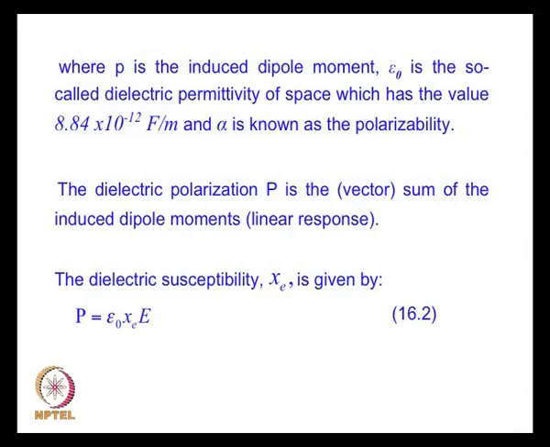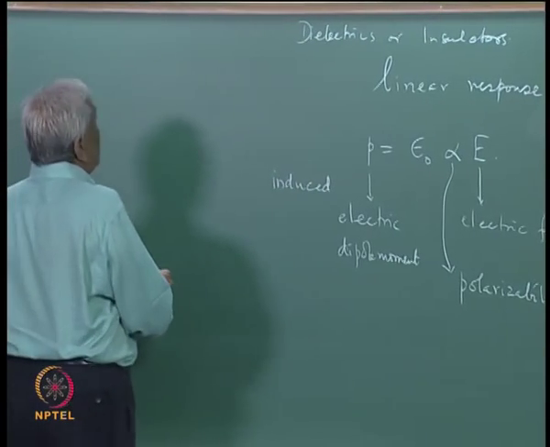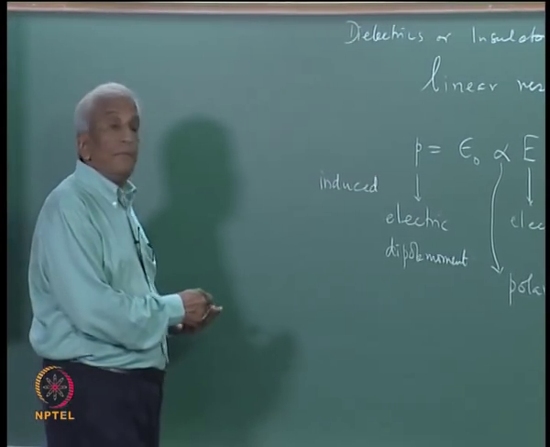Then this polarization is also related to the applied electric field via the so called electric susceptibility. Therefore, combining these relations we get immediately chi.